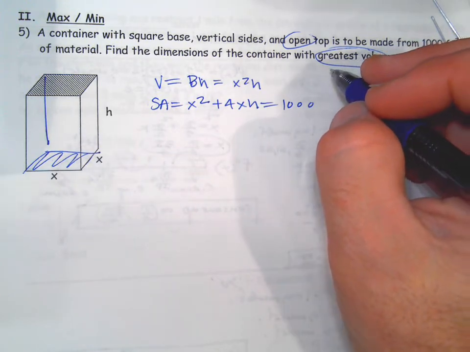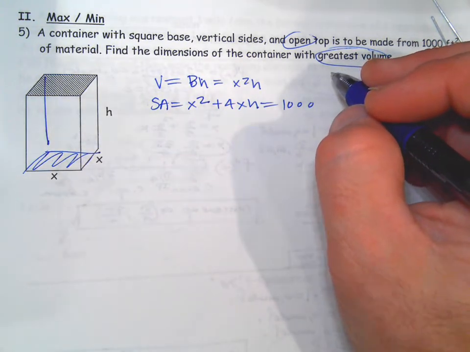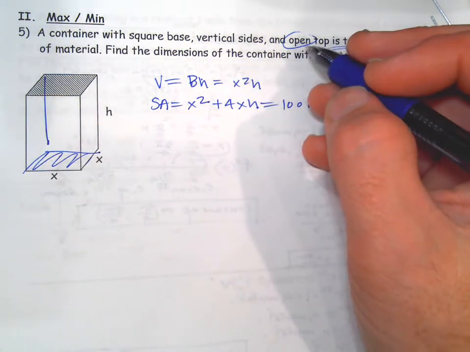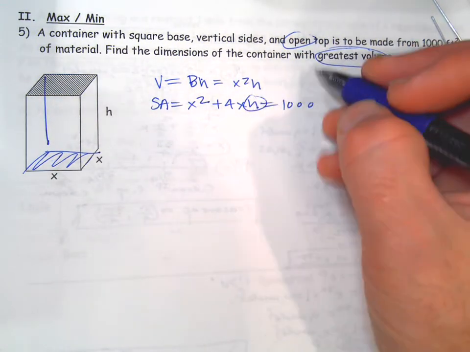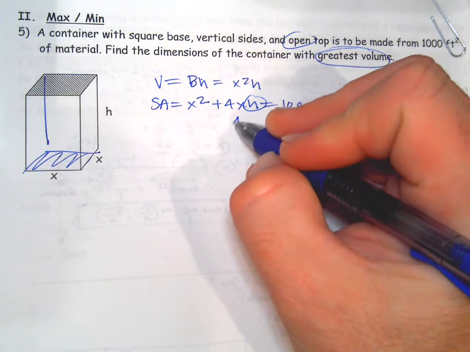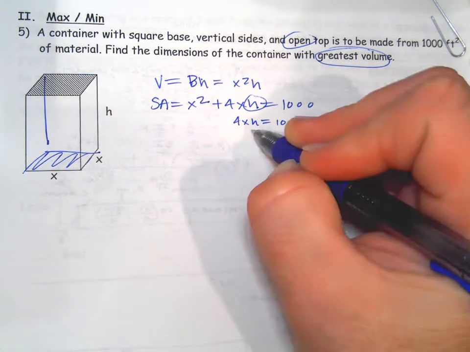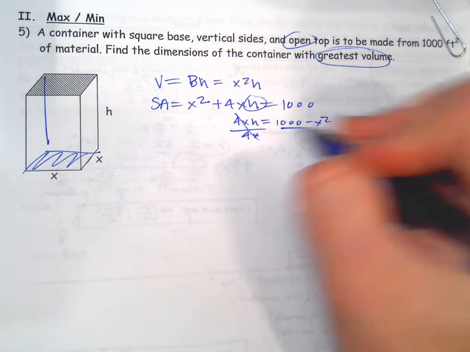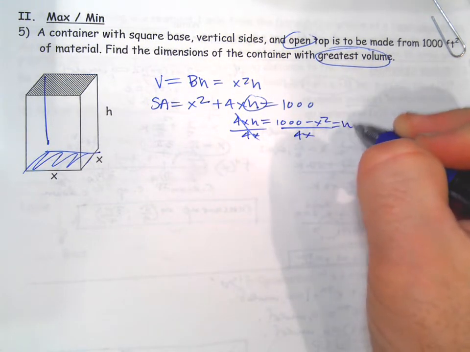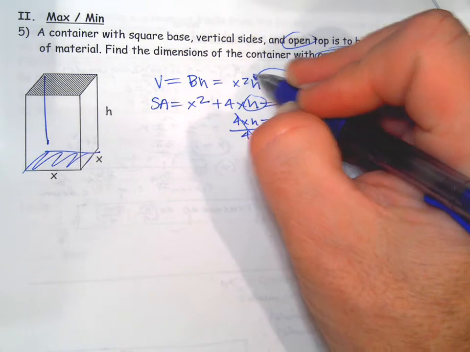What's going to be easier to solve for, x in terms of h or h in terms of x? For x, you're going to have to use the quadratic formula. It's going to be horrible. Let's go for h. So 4xh equals 1,000 minus x squared. You're going to divide both sides by 4x. So that's h. I'm going to plug that in up here.